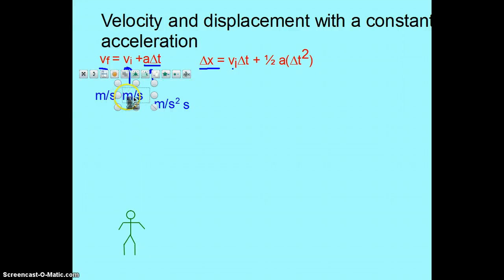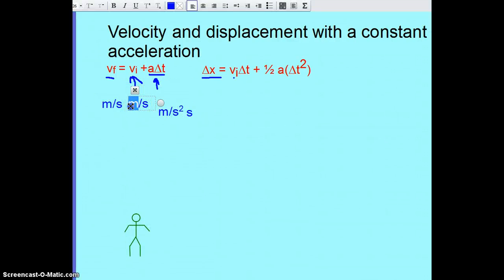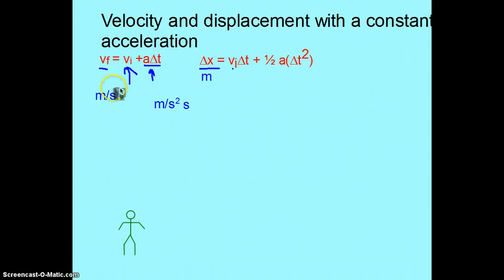Well, we can do the same thing right here. We're looking for meters there. We have meters per second times seconds, which would cancel out the seconds. And over here we'd have meters per square second, and we'd have seconds that are getting squared, which would kill those, leaving you meters and meters and meters, giving you meters.